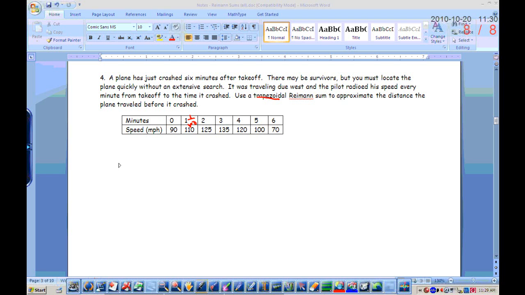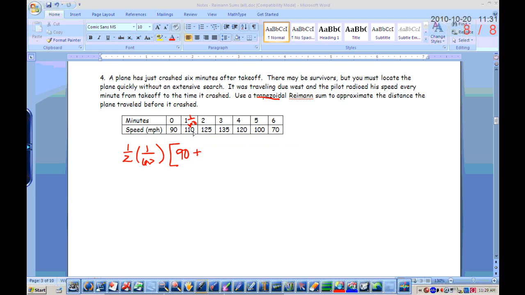We're doing a trapezoid. So the area of a trapezoid is 1/2 times the height. Are each of those time intervals the same? Yes, it's 1 minute or 1/60th of an hour. So that's the height of each one. And then the sum of the bases. So the first base is going to be 90.